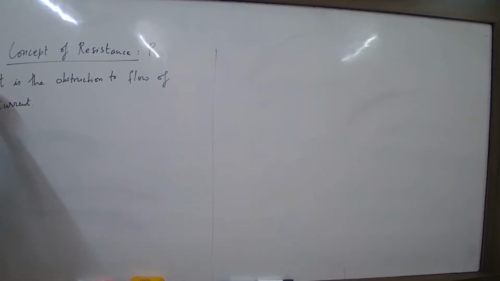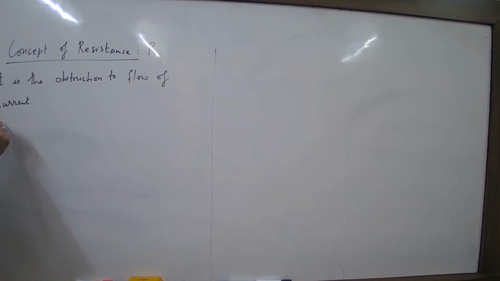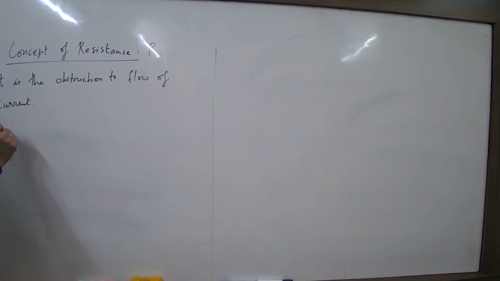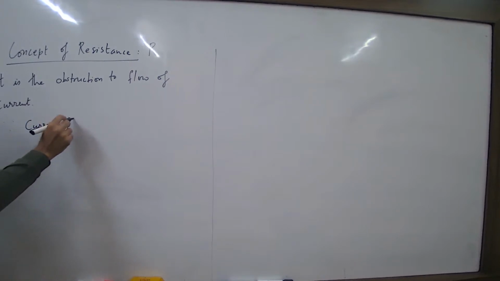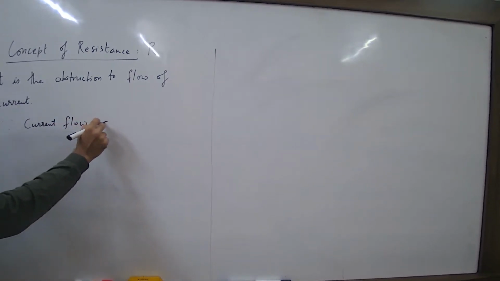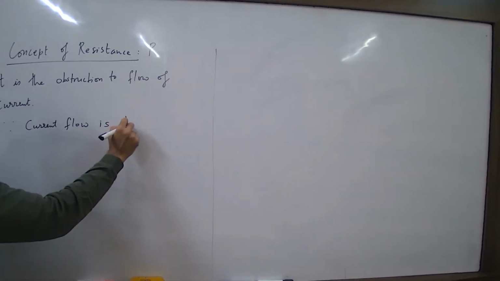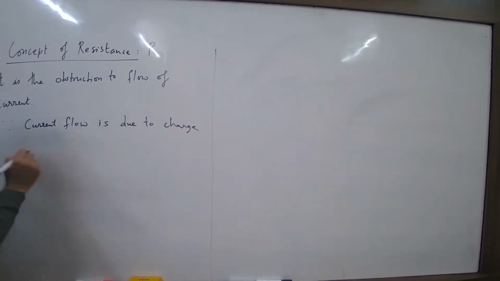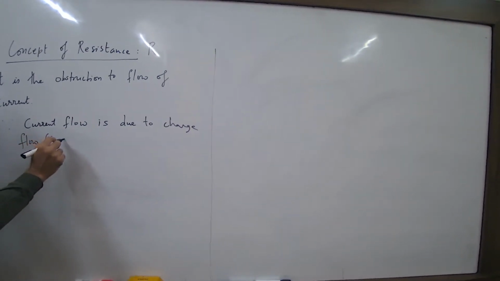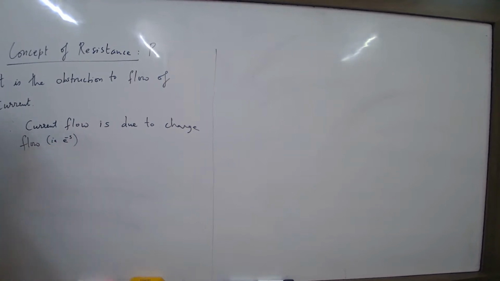So what happens? Current flow is due to charge flow, and the charges are electrons, right?